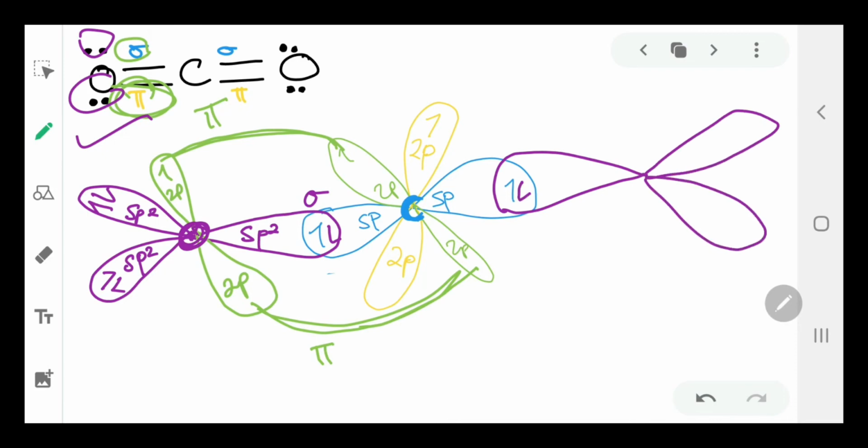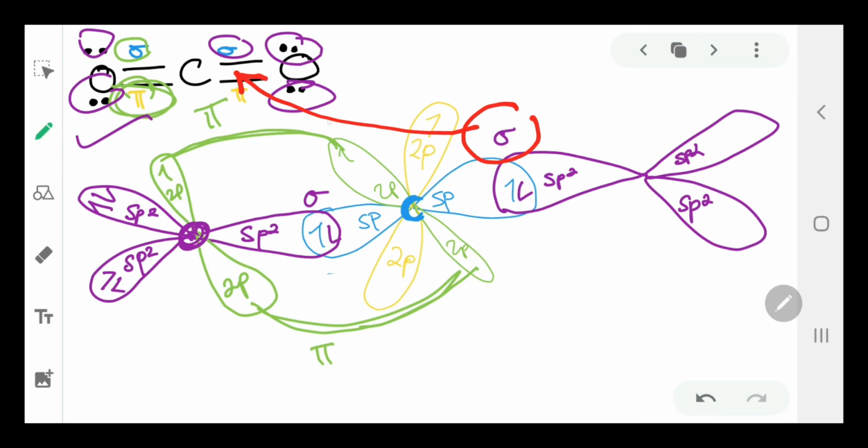So you have 1 shared, so that is the sigma bond. So for that one, sigma bond. And don't forget to label your lobes, sp2, sp2, sp2. And you have 2 lone pairs, so 1 lone pair, 2 lone pair.